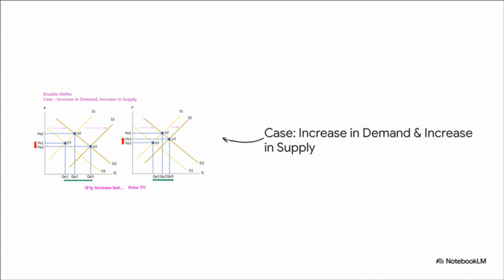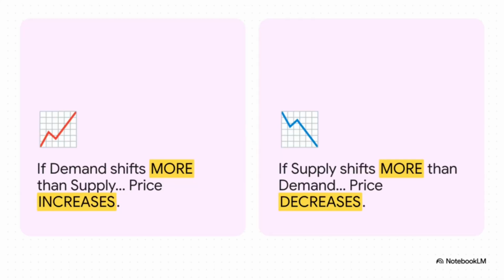But now, let's talk about price. This is where it gets interesting. That increase in demand is pulling the price up. But wait, the increase in supply is pushing the price down. Uh-oh. They're working against each other. It's like a classic economic tug of war. So who wins this fight? And the answer is, we don't know. It completely depends on how big each shift is.